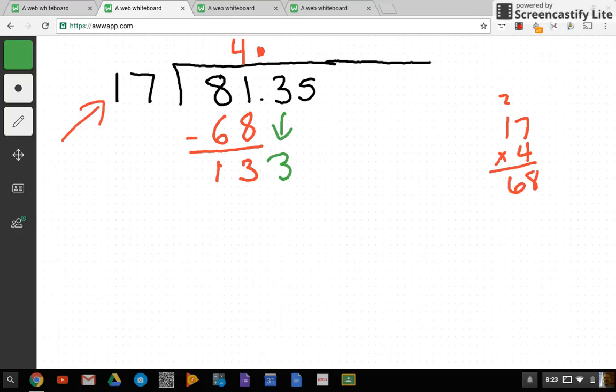How many 17s can I get out of 133? Well, I'm going to bet that it's going to be around 7 times, just kind of looking at it. So 7 and 7 is 49. 119. You know, if I go 8 times, it's going to be even closer, I think.